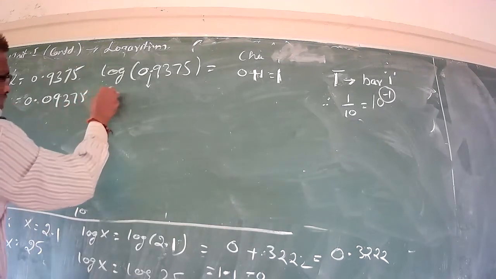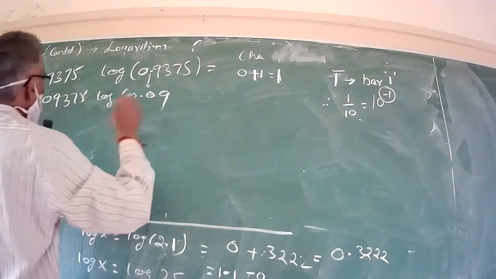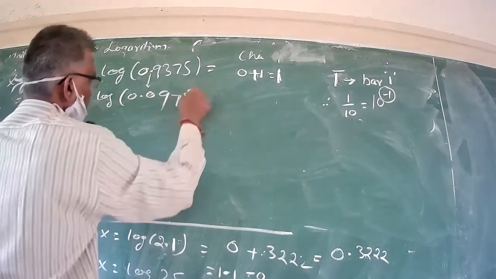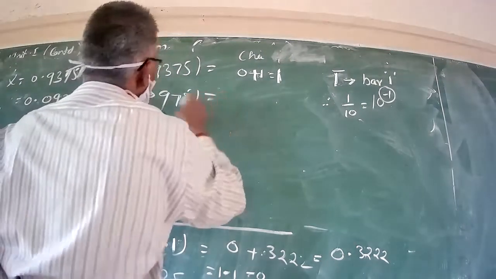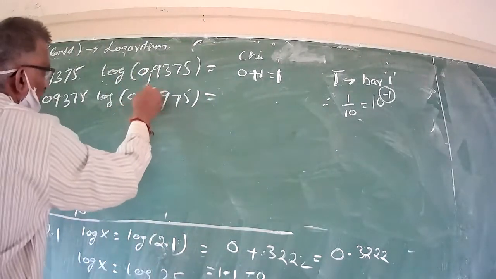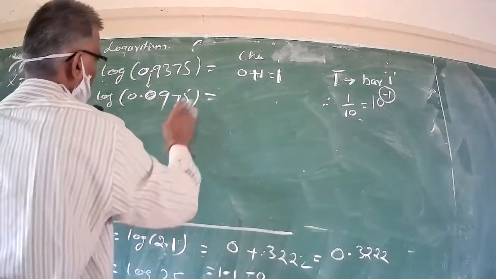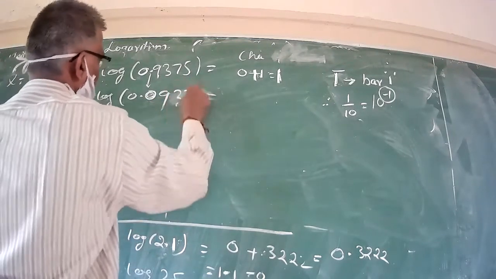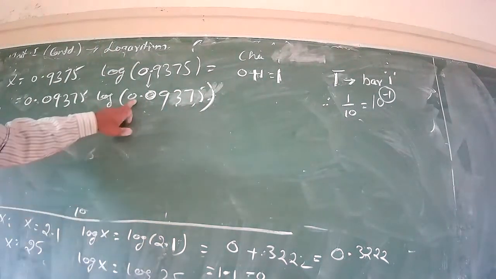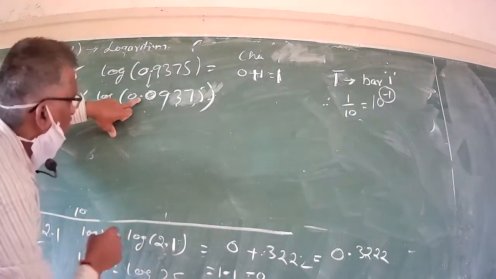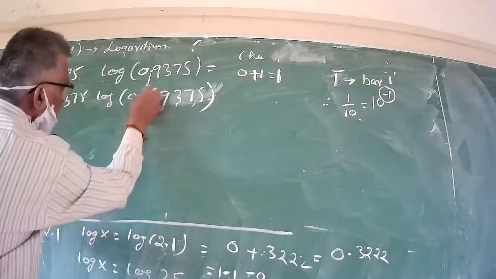Then log of this number, the number is the same, but here count the zeros. The decimal point is here and the significant digit is here, so the number of zeros in between is 1.